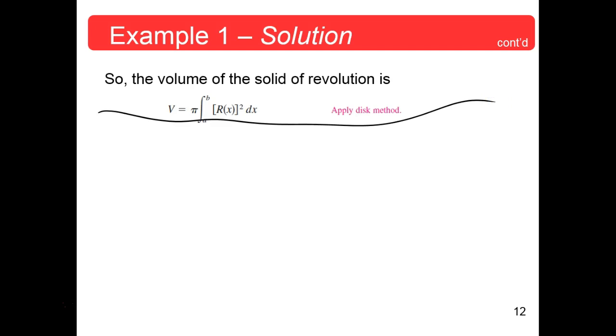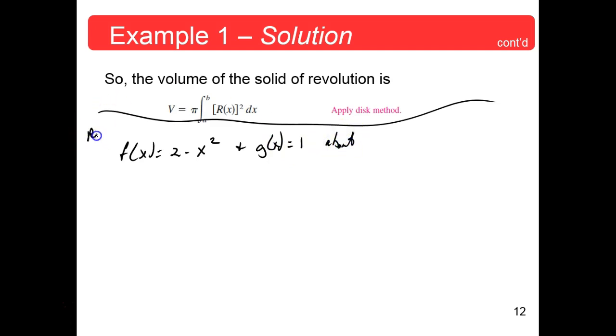Okay, find the volume of the solid formed by revolving the region bounded by the graphs of f of x equal to 2 minus x squared. Seems like we've seen that one before, doesn't it? No, it's slightly different, okay? And g of x is equal to 1. About the line y is equal to 1.